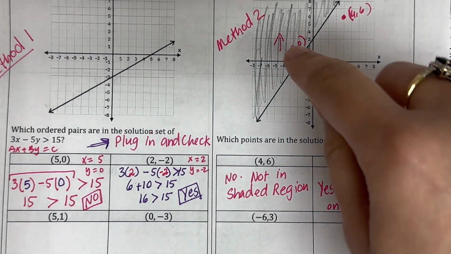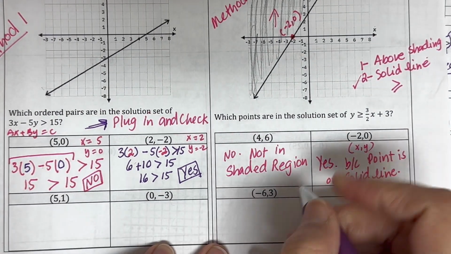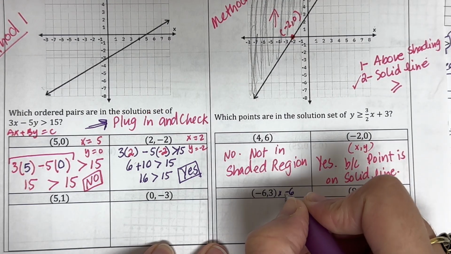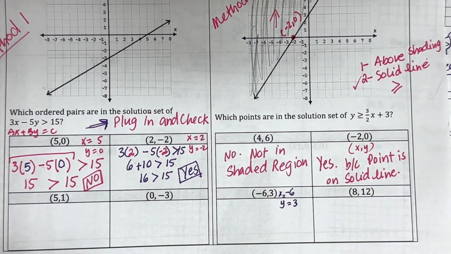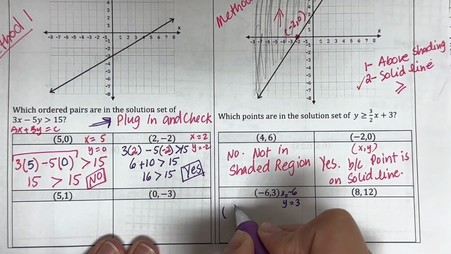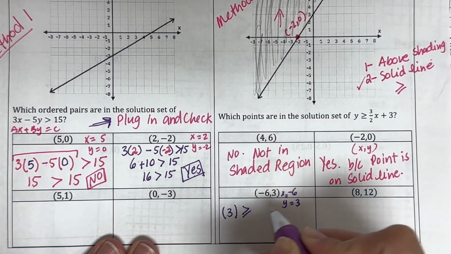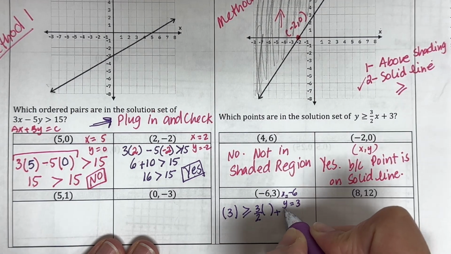So this is easy. You can just shade the area and you can know from there. But even this question can be done with the plug and check method, because you have the x and you have the y. All you have to do is know whether it is true or false. X is -6 and y is 3. Let's plug in. Y is 3, greater than or equal to a fraction, so you might have to check the calculator.